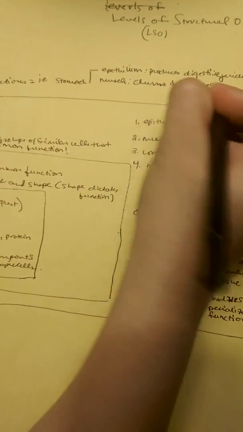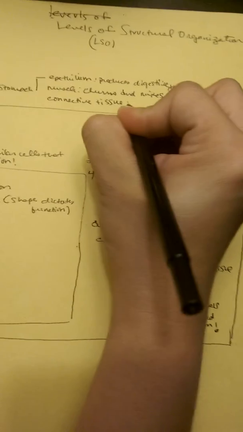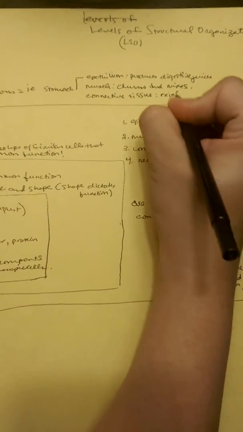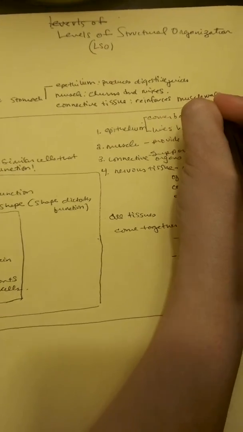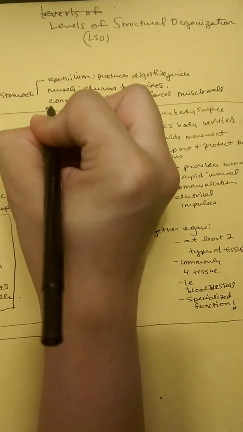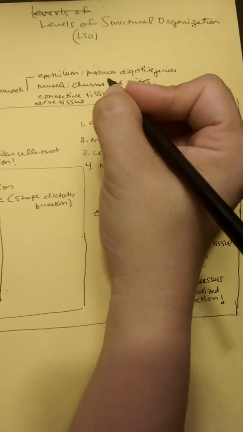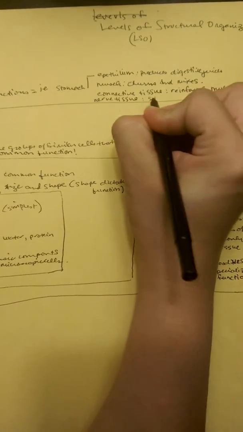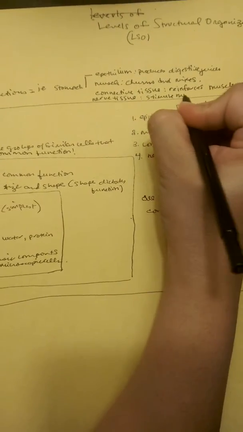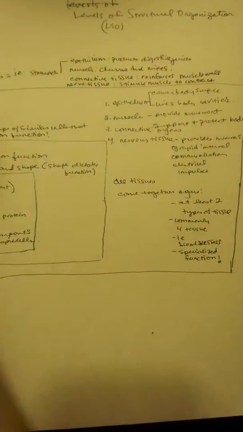And then it has connective tissue that reinforces the muscle walls. And then it has nerve tissue. So the nerve tissue increases digestive activity by stimulating the muscle to contract. So you have a lot going on at the organ level.